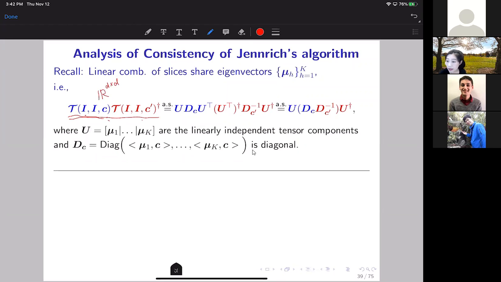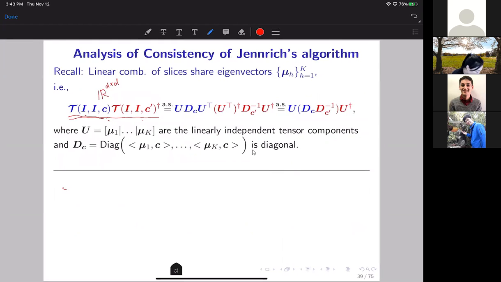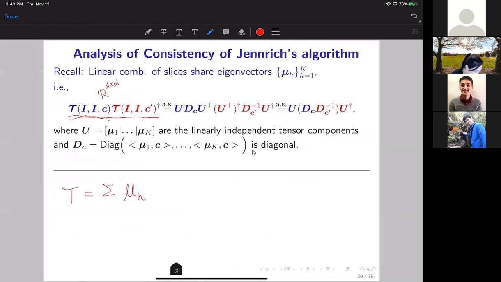So first of all, let's remember what is the form of T. So T is, right? And also, then what happens to T(I,I,C)?